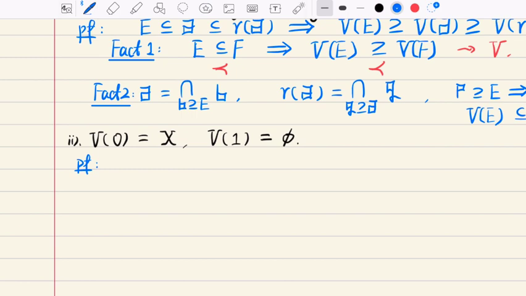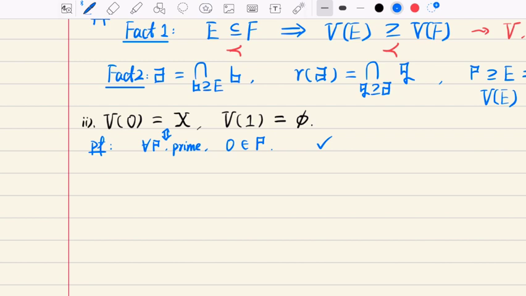We need to prove V of 0 equals X, or just translate into the language of elements. This one is equivalent to: for any prime ideal, zero belongs to P. This one is just trivial.